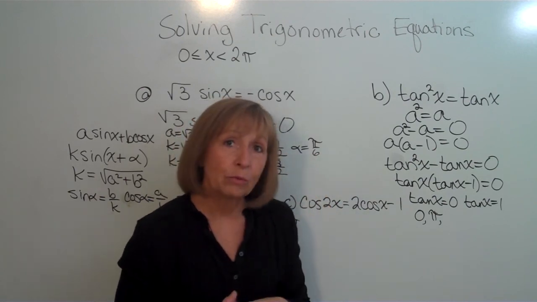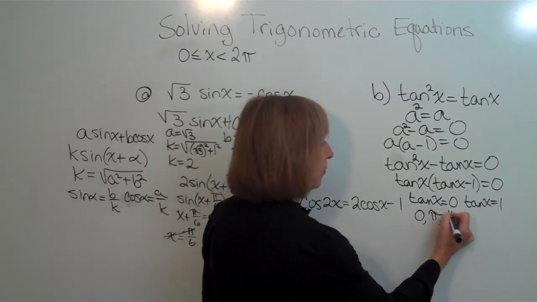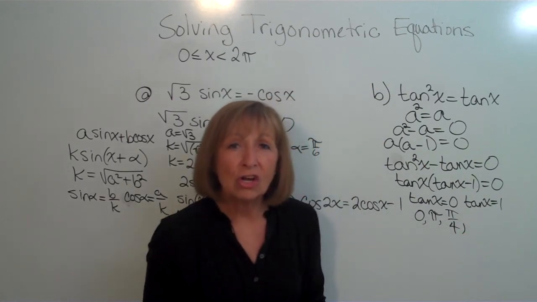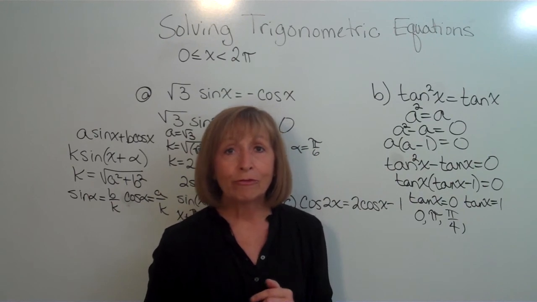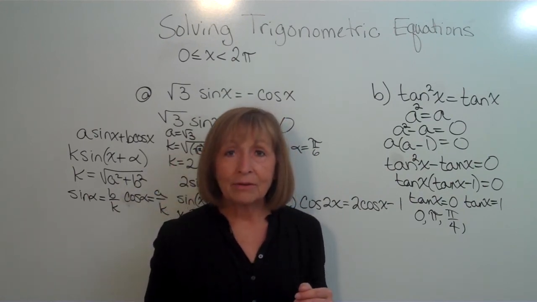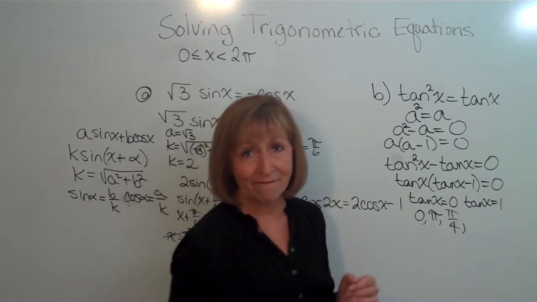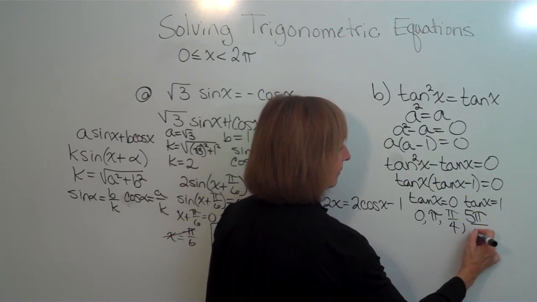So tangent of x will be 1 at pi over 4, the first quadrant pi over 4 angle. And then also in the third quadrant. The pi over 4 reference angle would take me down into the third quadrant where I would have pi plus a pi over 4, so that would be at 5 pi over 4.